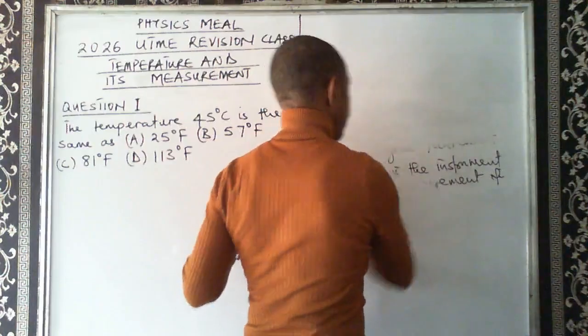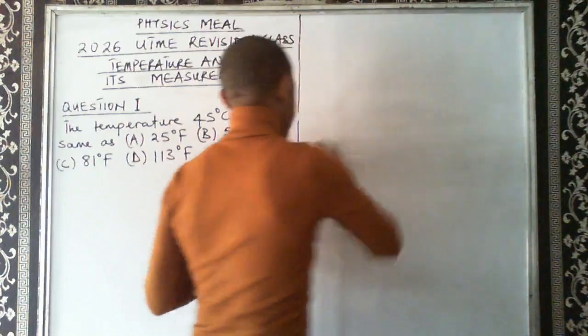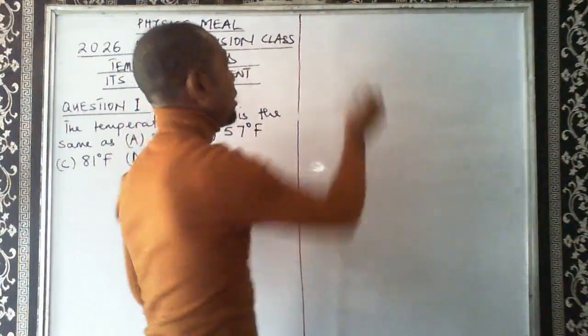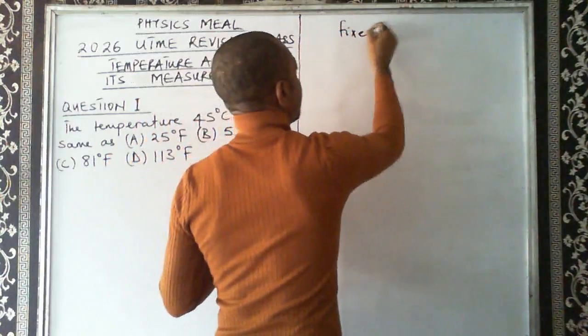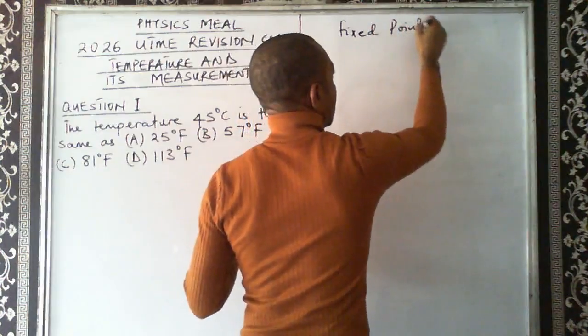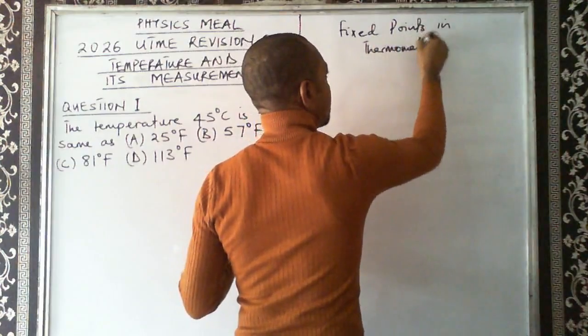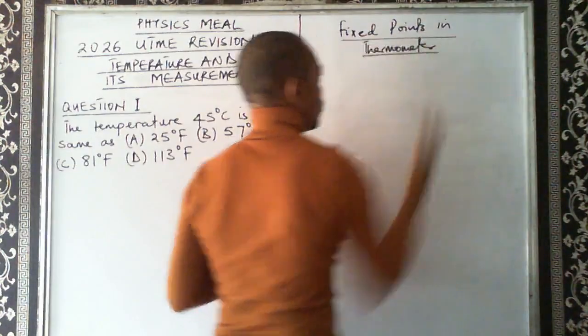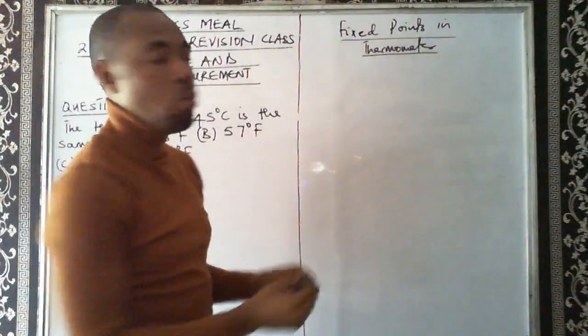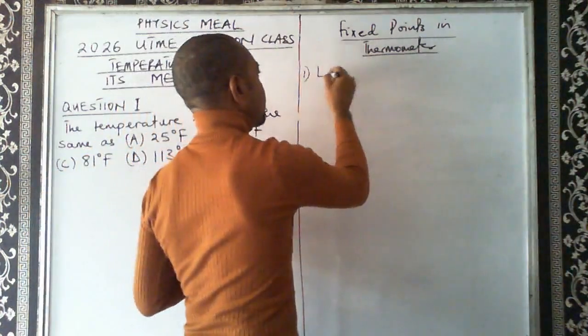The fixed points in thermometer. We say there are two fixed points in thermometer. One is the lower fixed point.